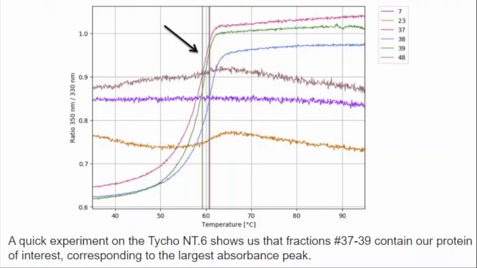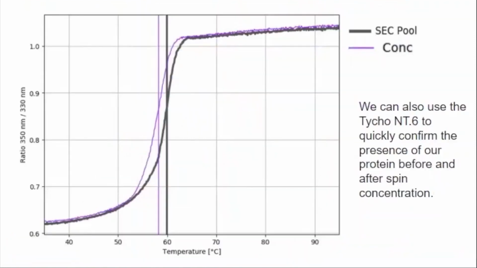But there are lots of other applications for the Tycho beyond just rapidly identifying samples off a column. One of them is protein buffer exchange and protein concentration. In this trace, I used a spin concentrator to increase the concentration of my protein to a concentration that I can use for X-ray crystallography.